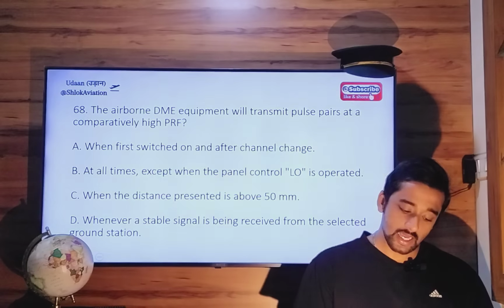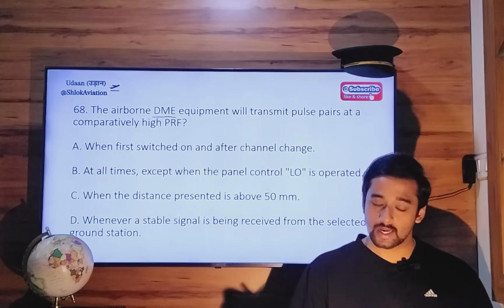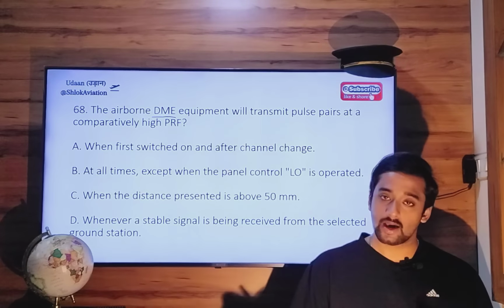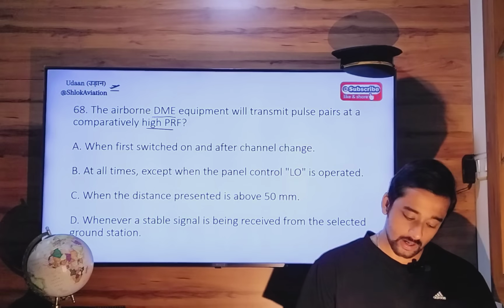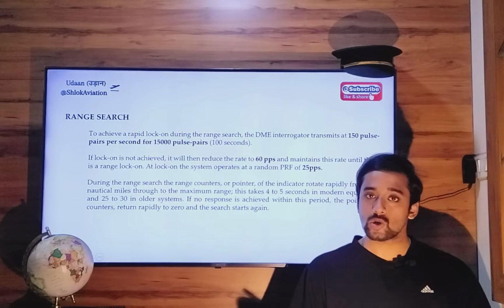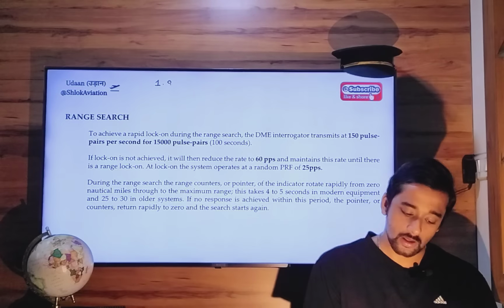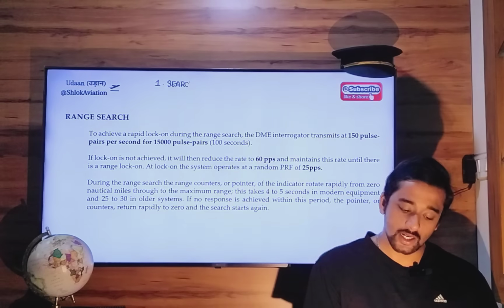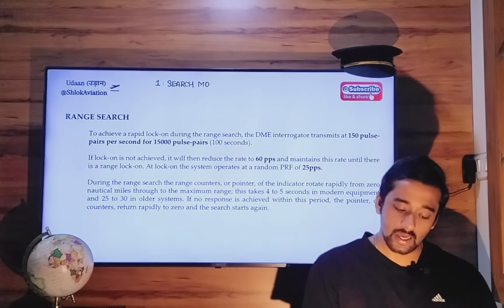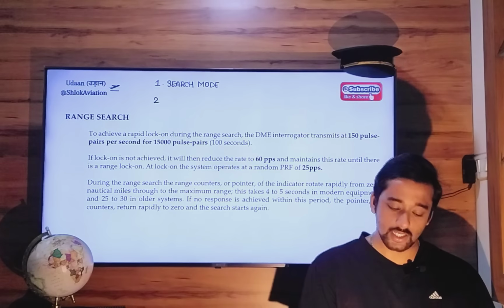68. Airborne DME equipment will transmit pulse pairs at a comparatively high PRF when. So very important, there are different modes of this DME airborne receiver. First is the search mode. In the search mode, it will search for a nearby DME station, a proper DME station.